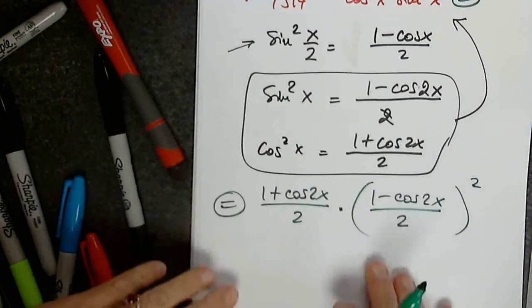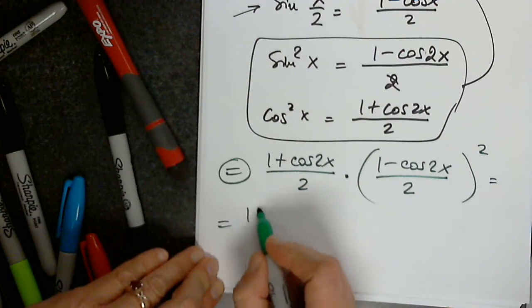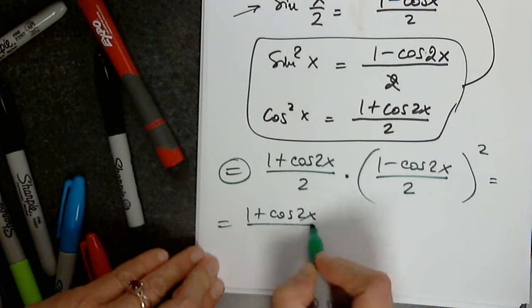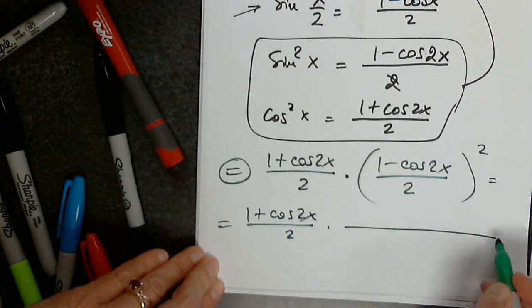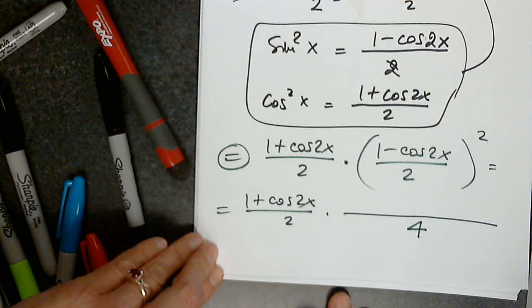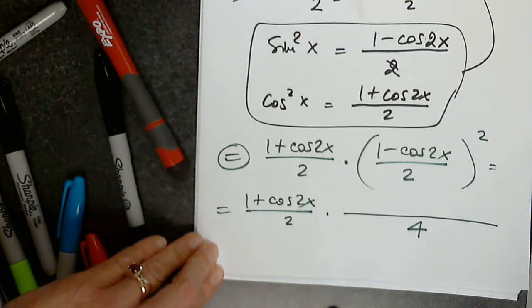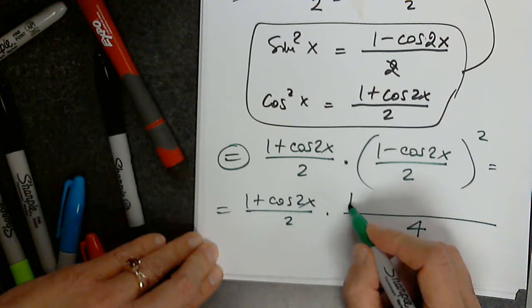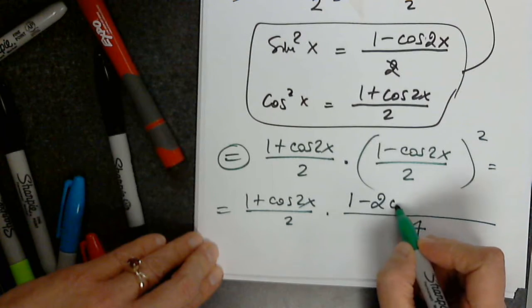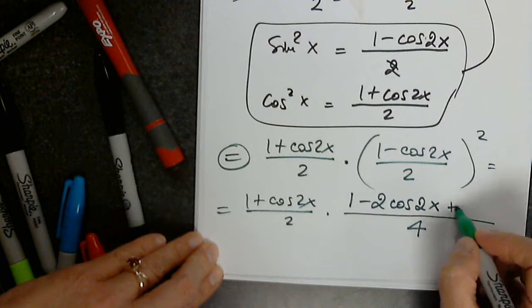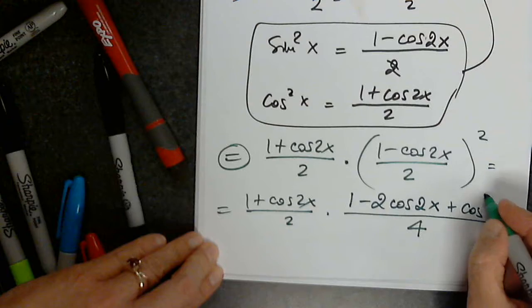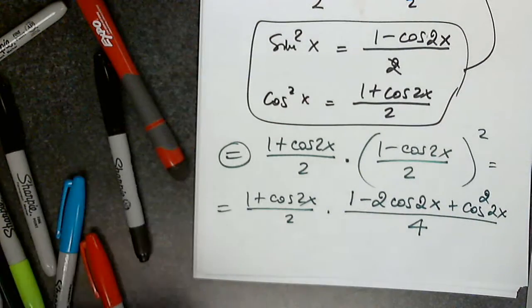Okay, so let's write that. So 1 plus cosine twice x over 2 times, the denominator is 4. The numerator, as you already told me, 1 minus 2 cosine twice x plus cosine squared of twice x.